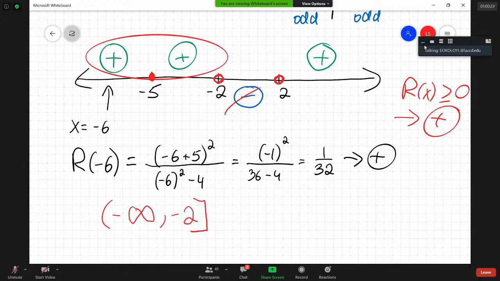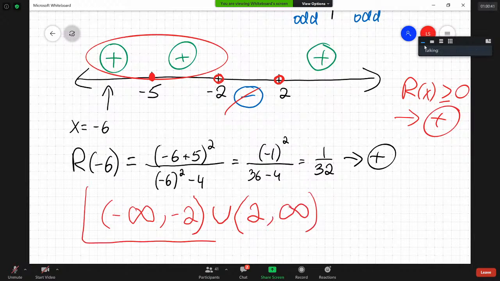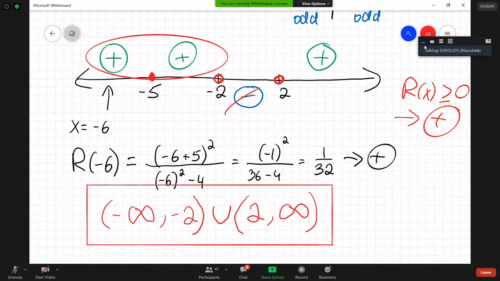So the -2 has to be excluded. That's what that note meant in the steps. Then union, +2, again, +2 was an asymptote. We do not include it. All the way to +infinity. So that would be our answer here.